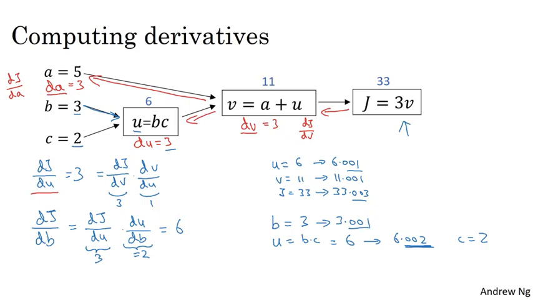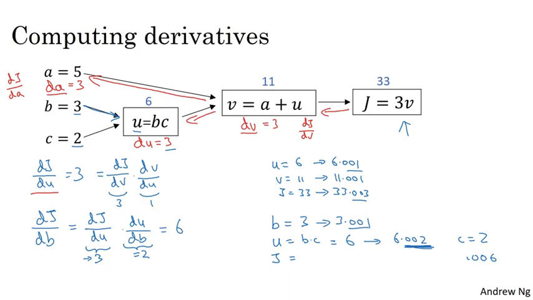The fact that dj/du is equal to 3 tells us that when u goes up by 0.002, j goes up 3 times as much. So j should go up by 0.006, right? So that comes from the fact that dj/du is equal to 3.